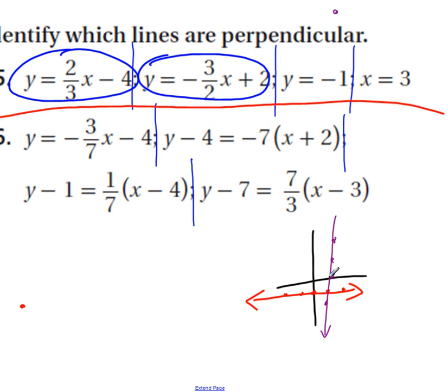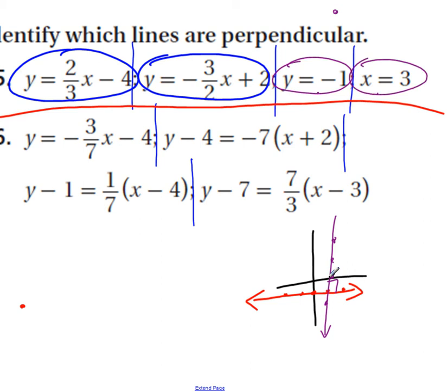So looking at the slopes doesn't really work simply because this doesn't have a slope. But can we say if they're perpendicular or not? Will one horizontal line and one vertical line make right angles? Yes. Which means, are the third and fourth one perpendicular? Yes.